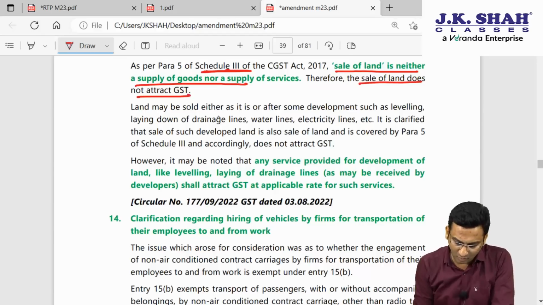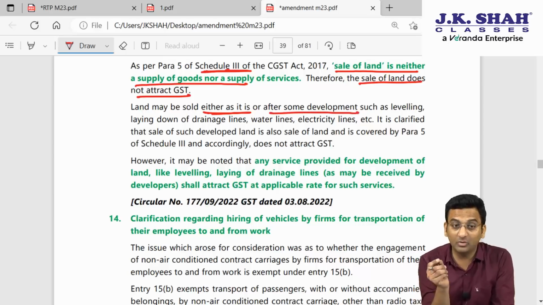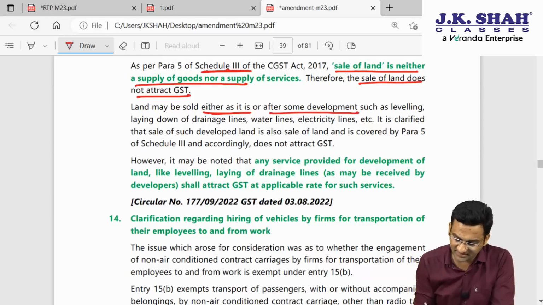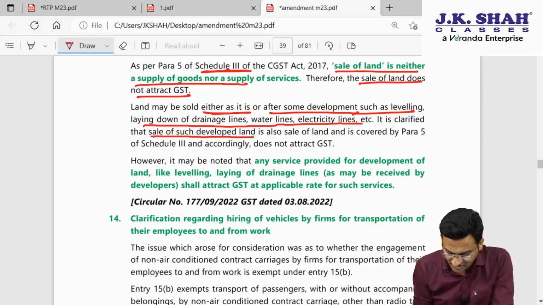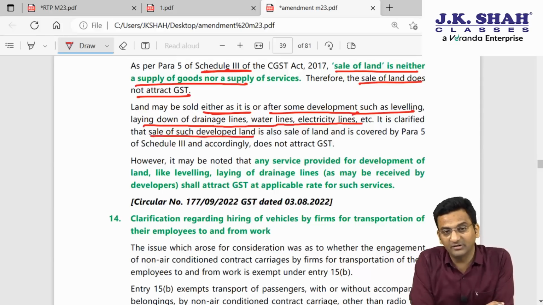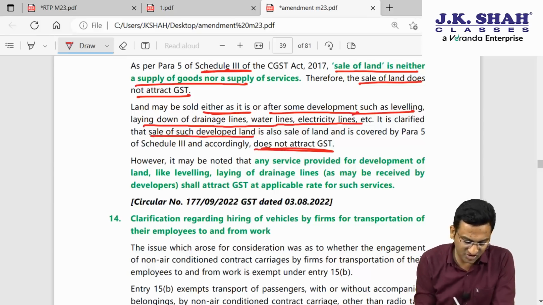Now, land may be sold either as it is or after some development, such as leveling, laying down of drainage lines, water lines, electricity lines, etc. It is clarified that sale of such developed land is also a sale of land only, and it is covered by the same para 5 of Schedule 3, and accordingly it does not attract GST.